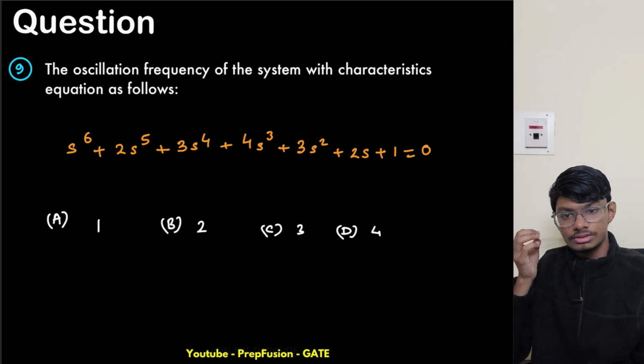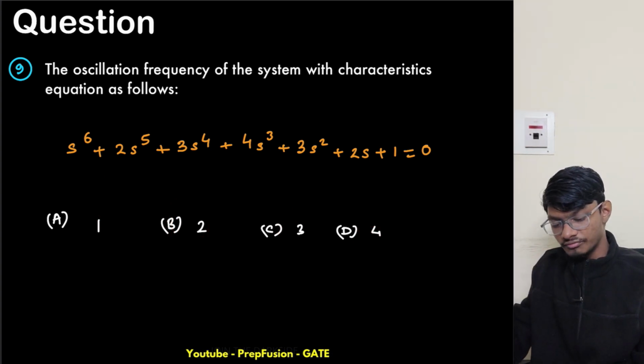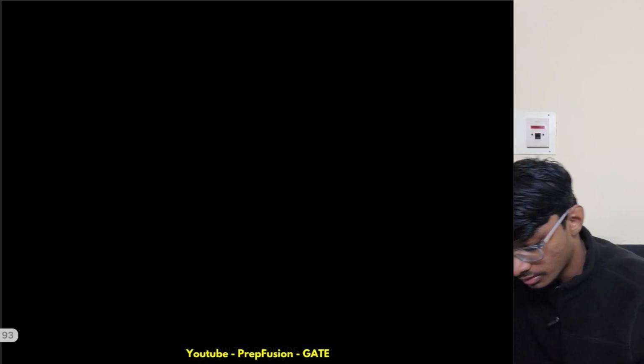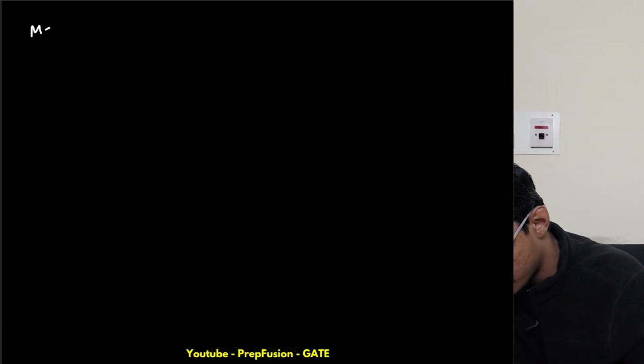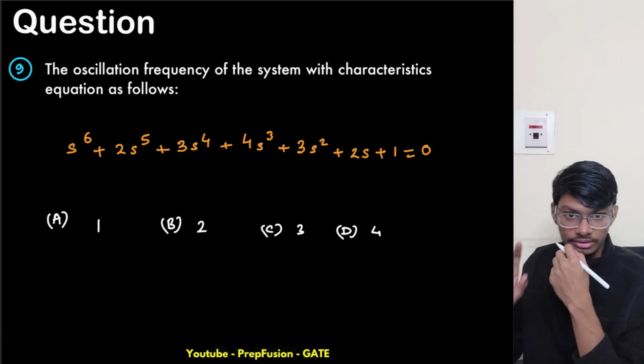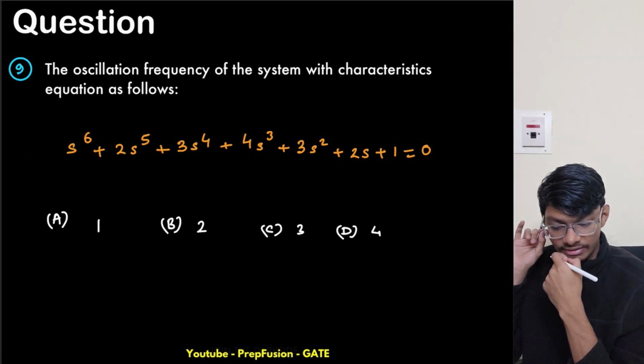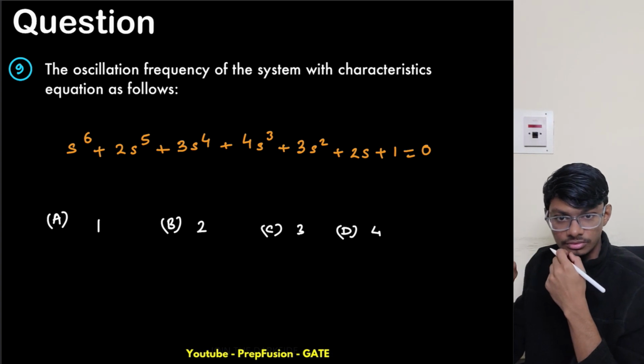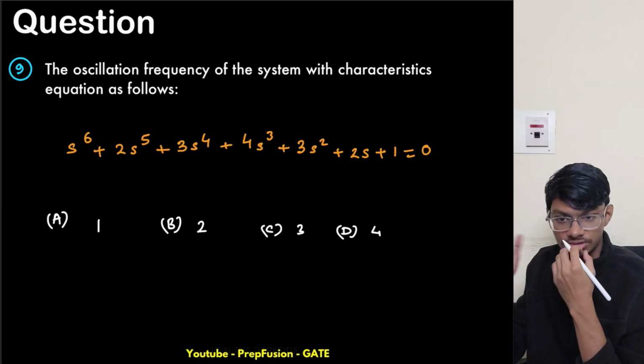So what we can do is compute the Routh table to find the oscillation frequency of this one. How do you compute the Routh table? You know that you have marginally stable roots. You will find the ROZ, and from the ROZ you will find your roots.